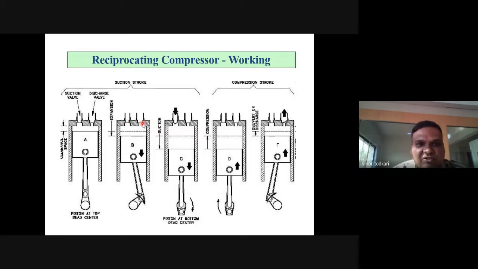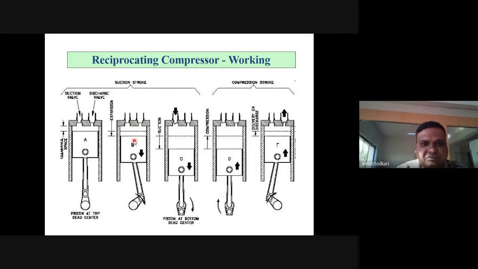This is the discharge wall or outlet wall. Intake wall, outlet wall, or inlet wall, outlet wall, or suction wall, discharge wall. All names are there, right? So this is the suction line, so this is the suction wall, and this is the discharge line, so this is the discharge wall. Or we can say inlet wall and outlet wall.